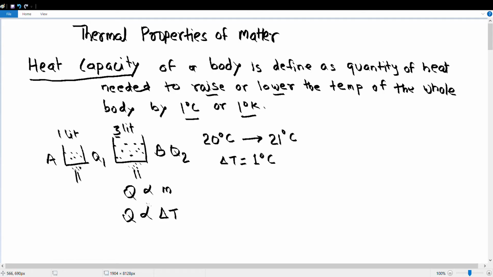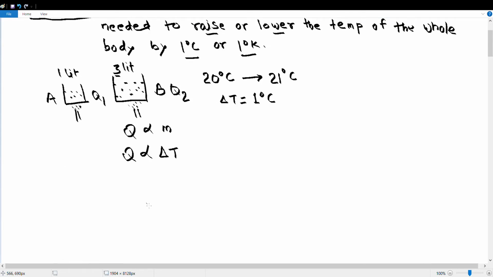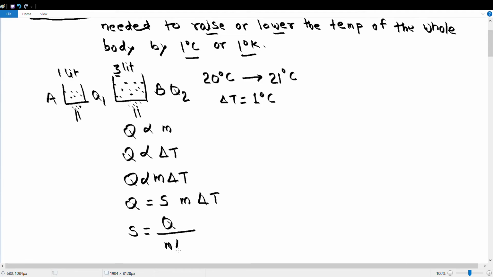So this Q is directly proportional to the mass of the body and the change in temperature, and this Q is equal to S into M into delta T, where this S is known as the specific heat capacity, and S is equal to Q divided by M into delta T.